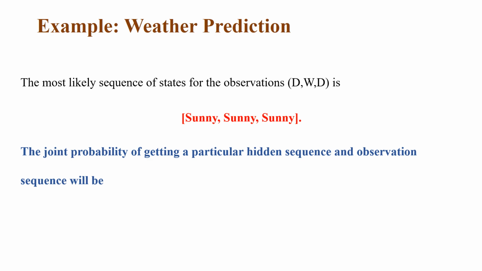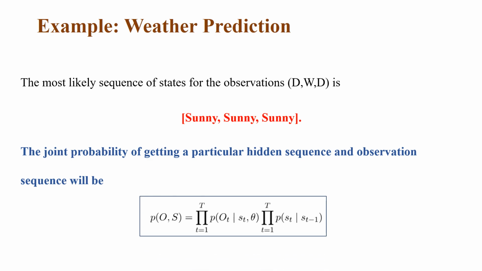The joint probability of getting a particular hidden sequence and the observation sequence is given by this formula, based on which we have done all the computations. That is, the probability of the observations and the states is the product of two probabilities: the probability of the observation given the state, and the probability of the state given the previous state.